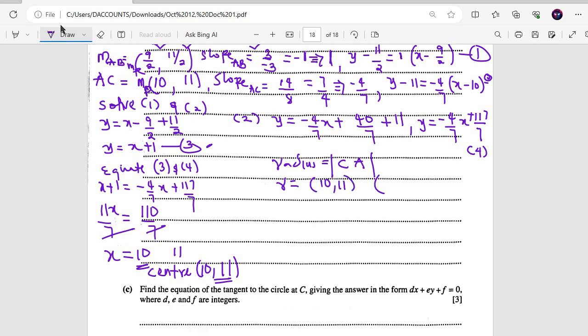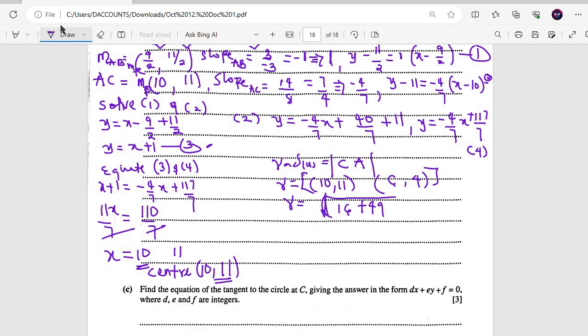The center is (10, 11). Let me pick point A. Point A is (6, 4). So to get the radius, it is the square root of (x2 minus x1) squared plus (y2 minus y1) squared: 6 minus 10 is minus 4, squared 16; 4 minus 11 is minus 7, squared 49.